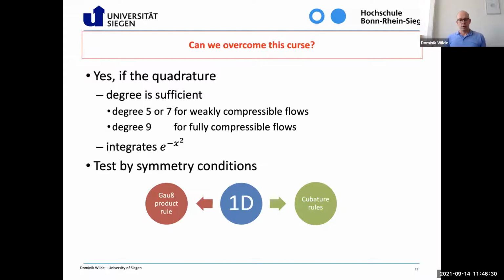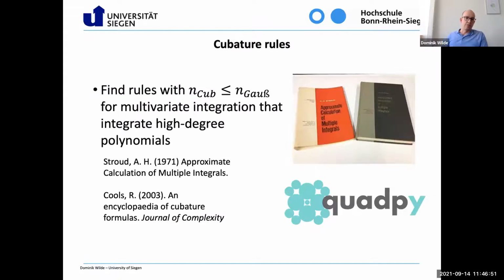Now if your quadrature rule is not gained by the Gauss product rule, which means by a tensor multiplication, but by abscissae that can be randomly in space, then this is called a cubature rule. These are multidimensional rules which are not constructed by the Gauss product rule for multivariate integration.